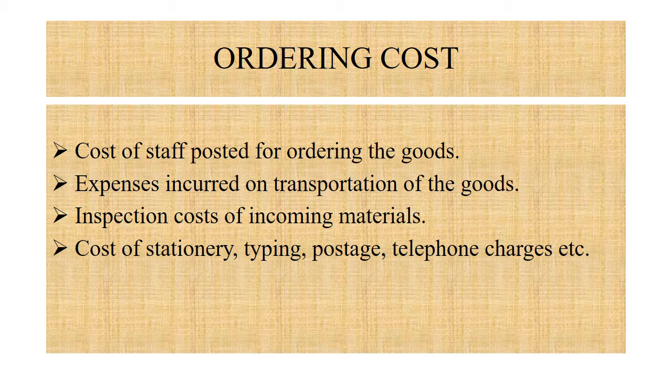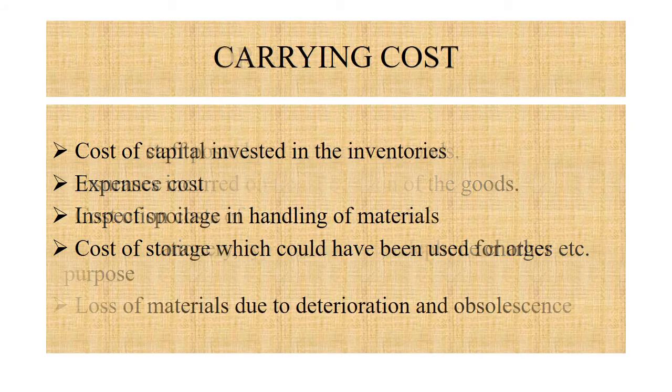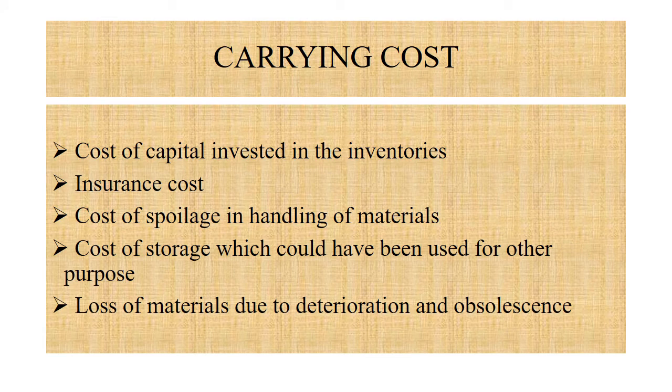Those include the cost of staff, expenses incurred on transportation of the goods, inspection costs for the incoming materials, etc. Carrying cost, on the other hand, is the holding cost. That includes the cost of capital invested in the inventories, insurance cost, the cost of spoilage in handling of materials, the cost of storage when not used for the purpose, etc.